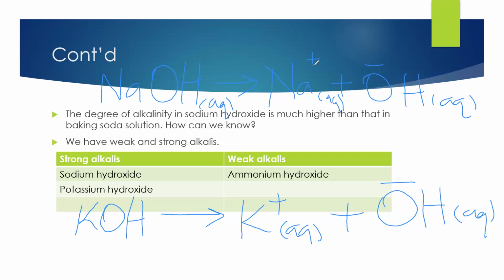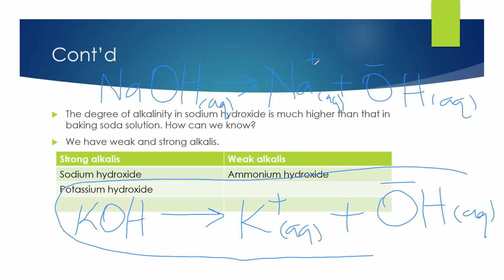So after that, we can look at ammonium hydroxide. I'm going to leave this equation here so that you can help me compare it with the one for ammonium hydroxide, and you tell me the difference.